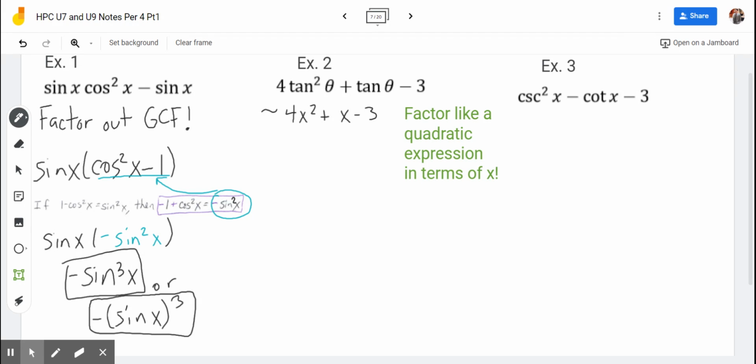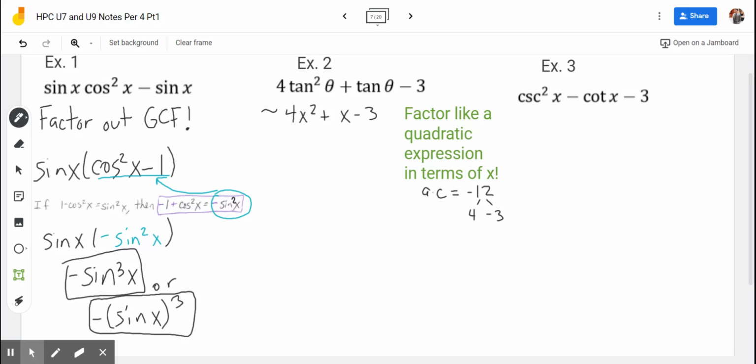Just like what we would do here, we would multiply a times c. A times c in this problem is 4 times negative 3, and that's negative 12. We need to figure out values that multiply to negative 12 but add to positive 1, and that would be positive 4 and negative 3.